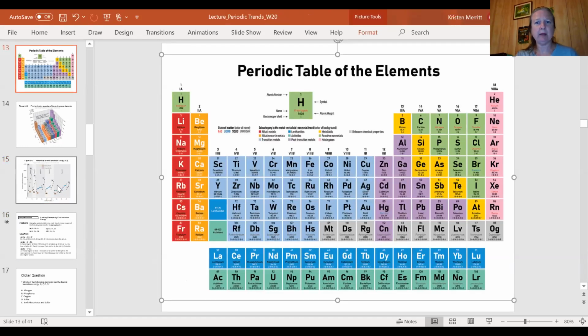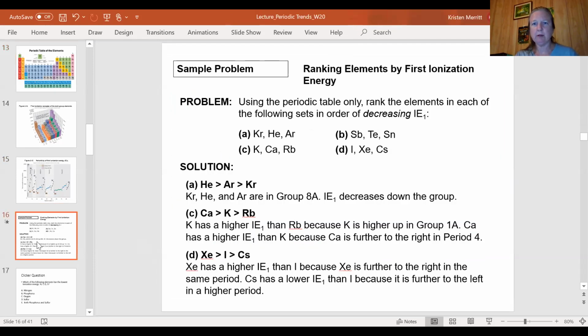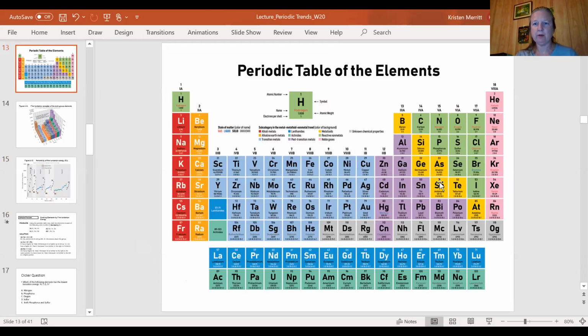Tin, beryllium, and I forget what Sb is. So here's tin. Go back, what was that? Te, beryllium, and Sb. Here's Sb, here's tin, and here's beryllium. Okay, so these are the 3 elements. And as we go to the right, your ionization energy will increase. Now, that trend I talked about with half filled subshells is more in evidence in periods 2 and 3.